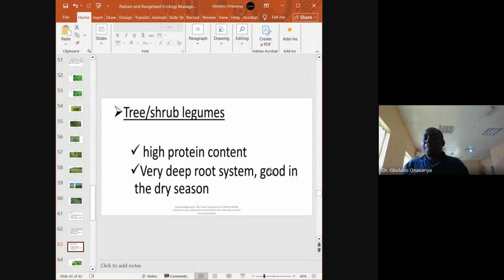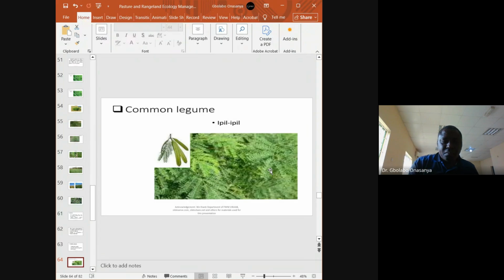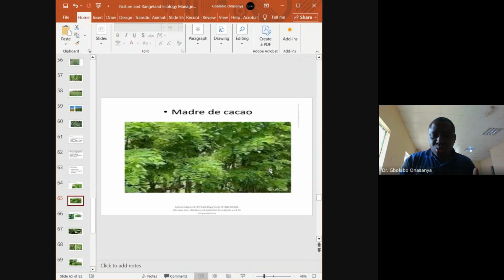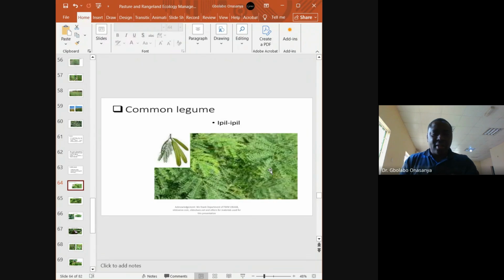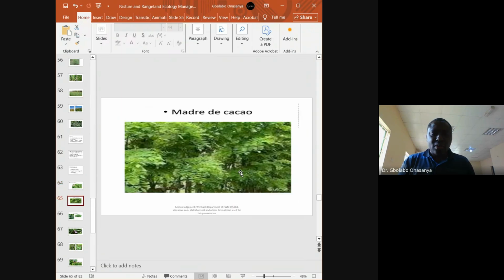Even in dry season, they flourish because they have a deep root system. Common legumes include Stylosanthes gracilis, Centrosema pubescens, and Calopogonium mucunoides. This one is an example of legumes.